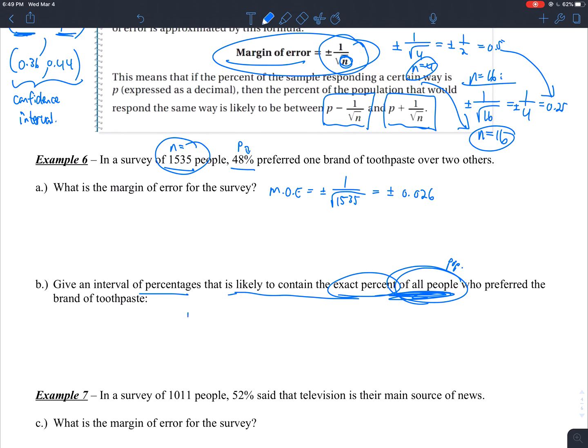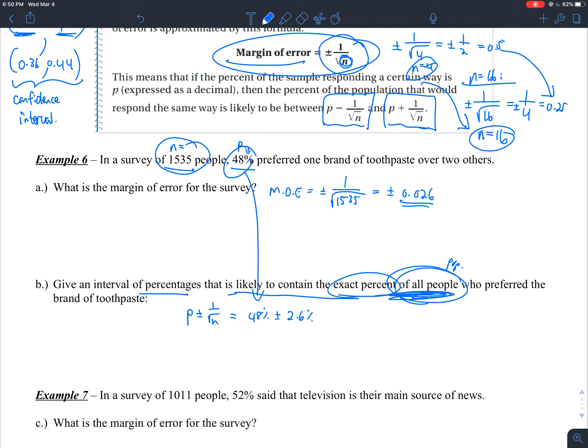So you have this P plus or minus 1 over root n, which in this case, my P is 48% plus or minus 0.026, which is about 2.6%.